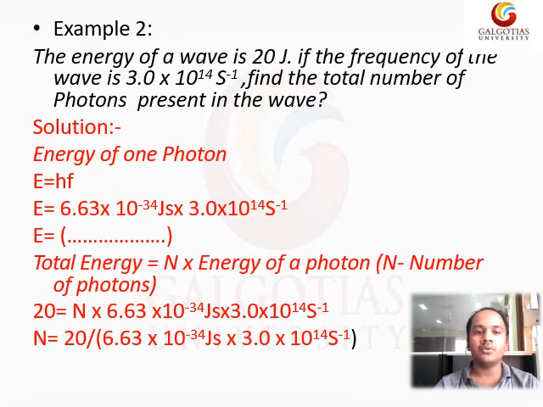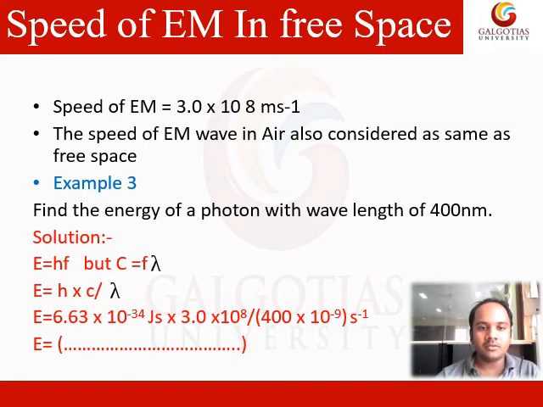So the question is given with the energy, and you have to calculate the frequency. The explanation is given in this slide itself. You can calculate the number of waves crossing, or the frequency which is required to create this amount of energy. By using this formula, you can also calculate the speed.